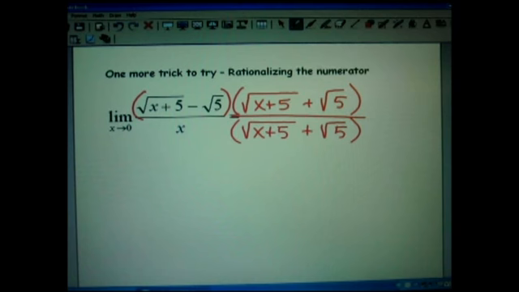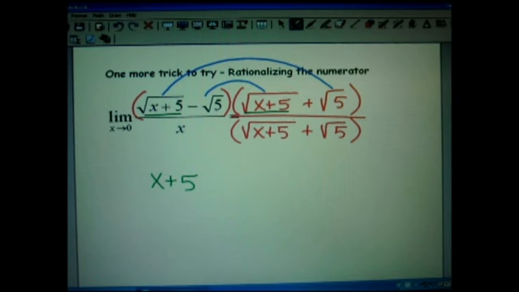So I'm going to FOIL this. So first I'll multiply radical x plus 5 by radical x plus 5, and that's going to give me x plus 5. And then if you notice, if I multiply these two together, I'm going to get negative radical 5 times radical x plus 5, and these two together, I'm going to get positive radical 5 times x plus 5.